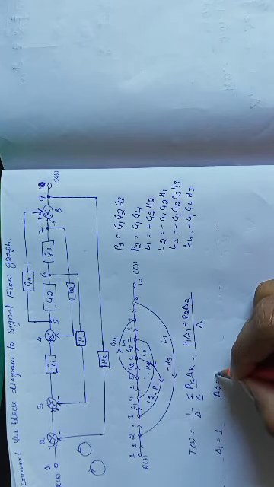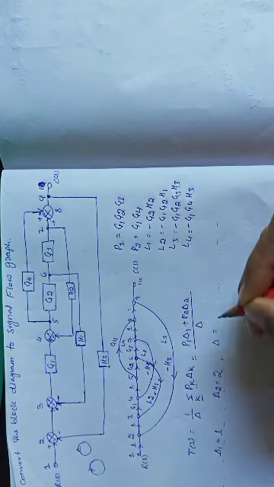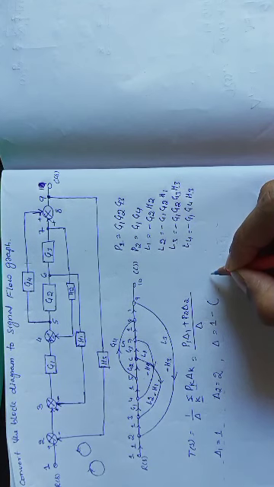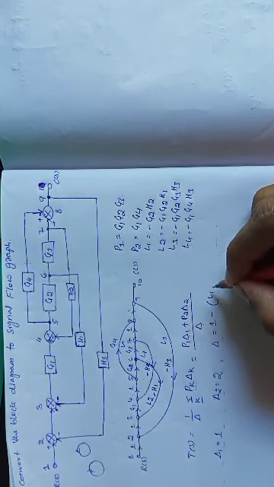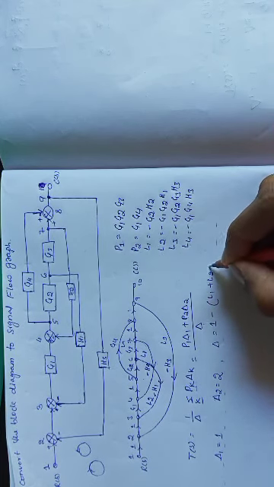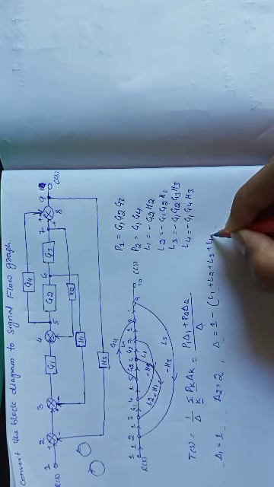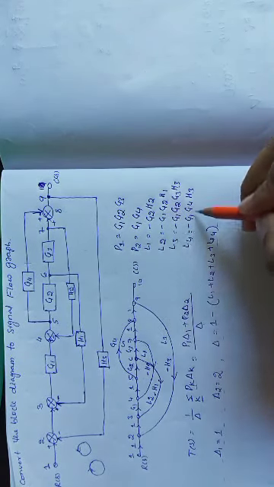Hence delta 2 is equal to 1. Now delta is nothing but what? 1 minus sum of individual loops, means this L1 plus L2 plus L3 plus L4. Therefore, you have to substitute all these values.